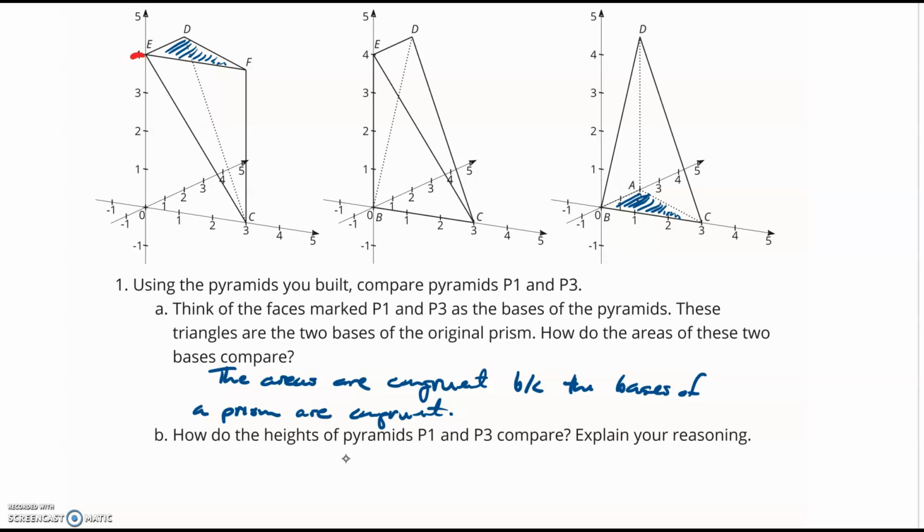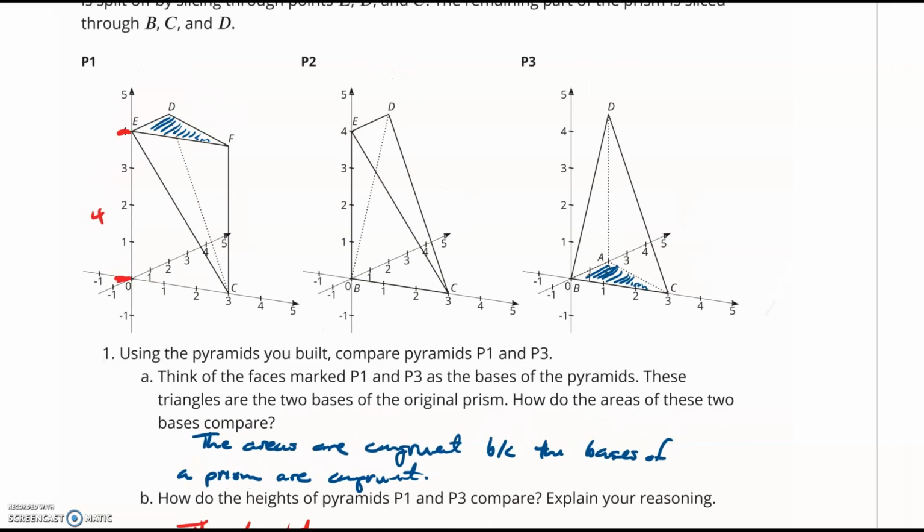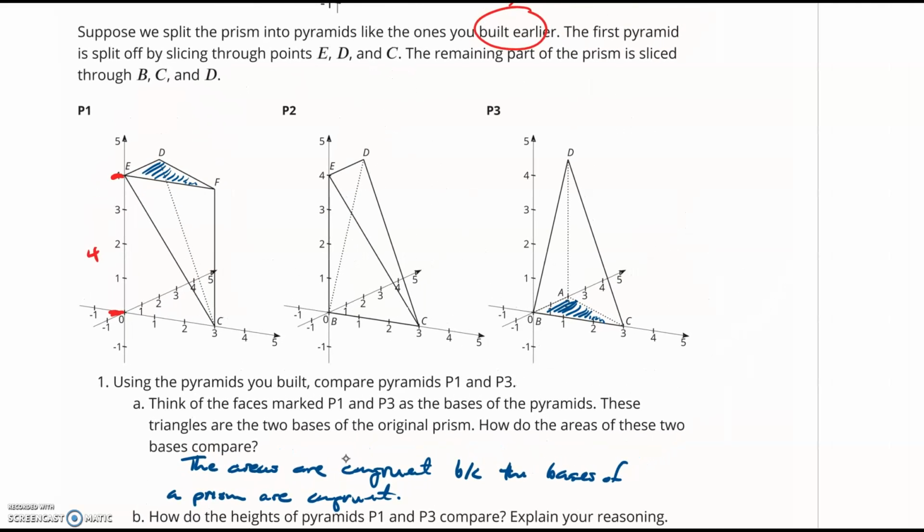Well, I notice this first height is 4 units high. I notice this second height is also 4 units high. So how do we compare these? Well, the heights are equal. And what I want you to notice is this height here, although it sticks up, it looks a little bit higher than 4.